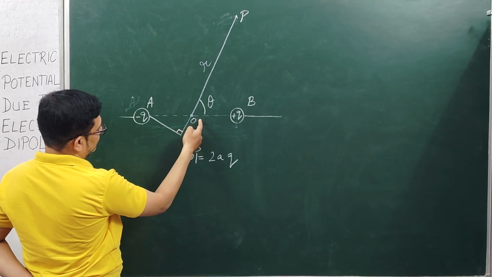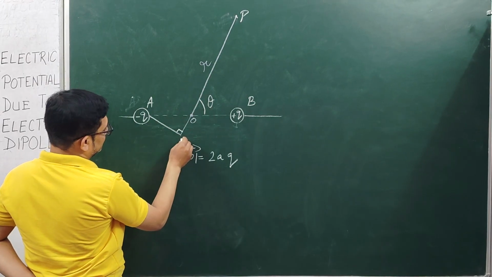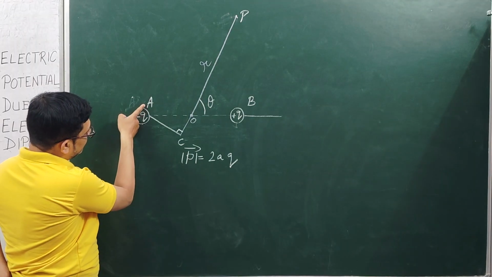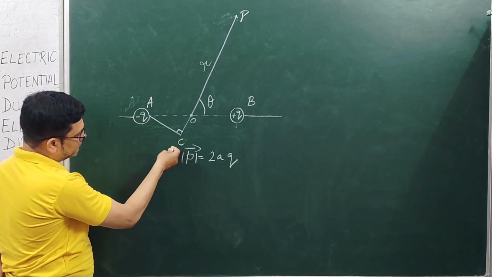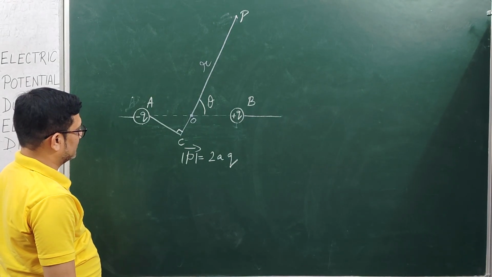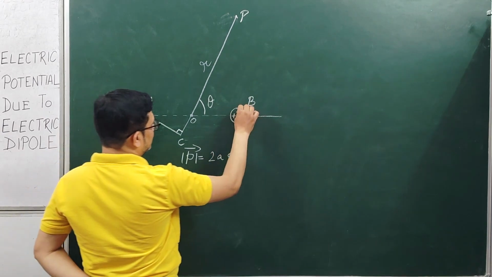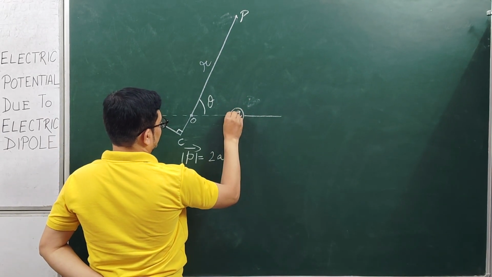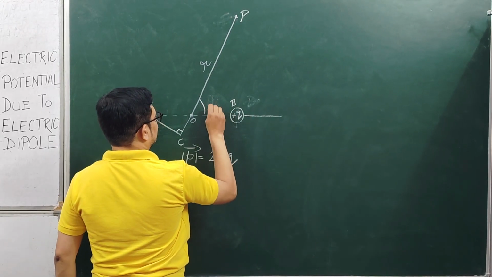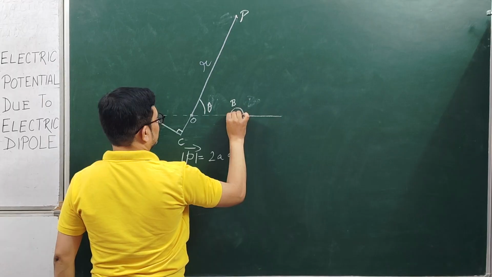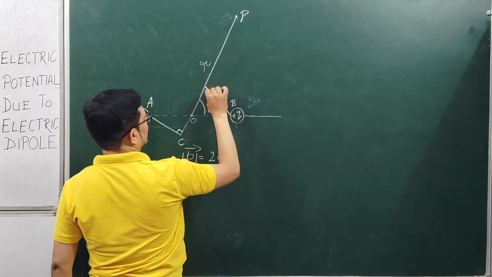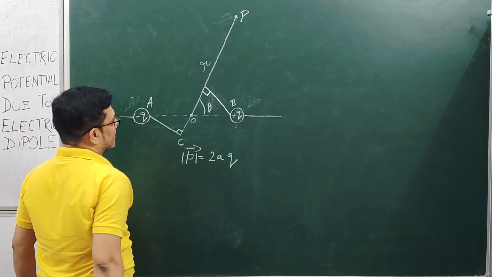So I'll make this O, this is P, suppose this is A, B, and this is C. Okay, let's do this construction. And from B, we'll again drop a perpendicular on this line, which is connecting the points O and P, and this we mark as 90 degrees.